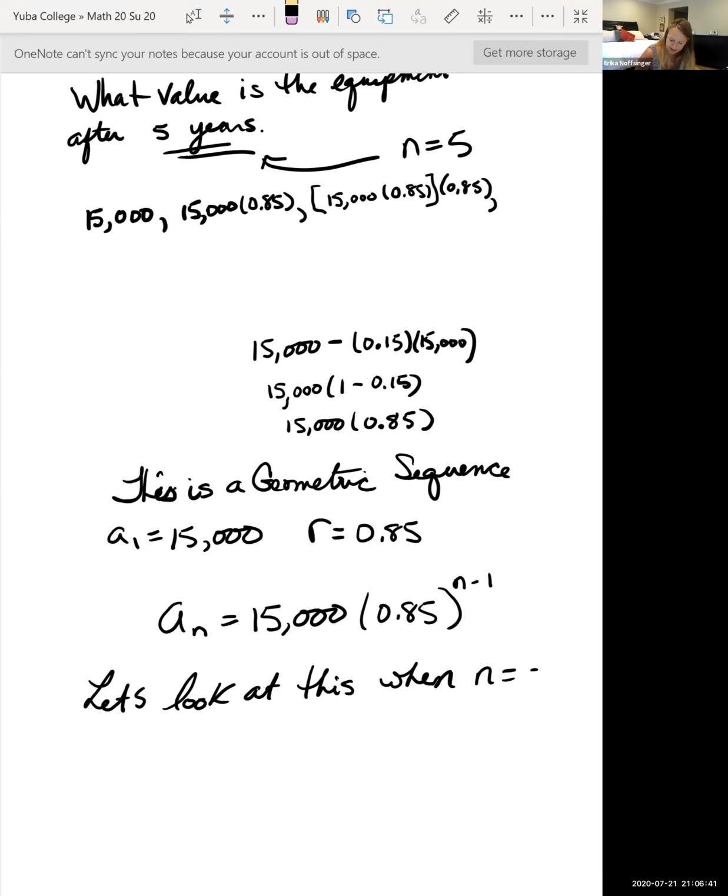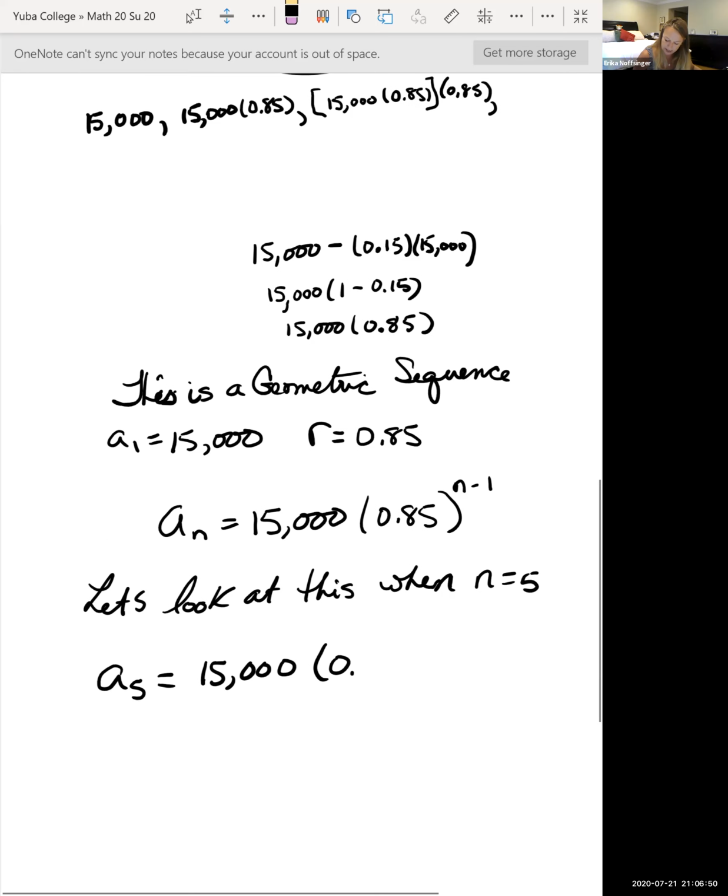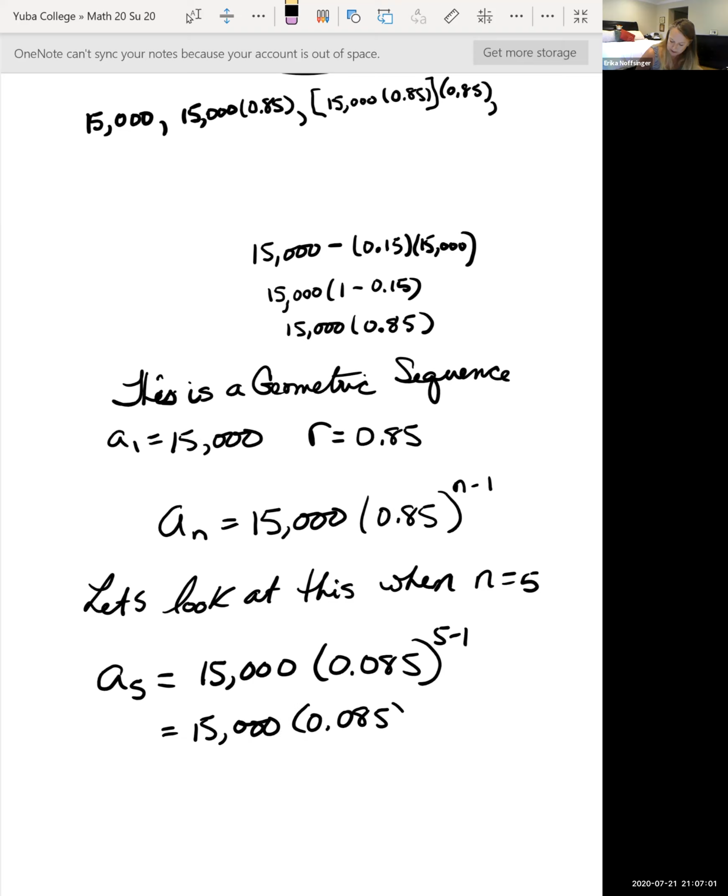And so a sub 5, plugging in 5 wherever we see an n in the formula we got, we have 15,000 all times 0.85 raised to the 5 minus 1 power, or 15,000 times 0.85 raised to the 4th. Oops, I had one too many zeros in there.